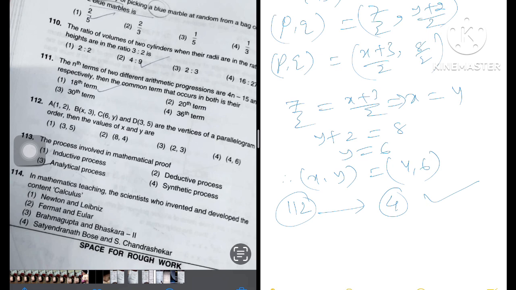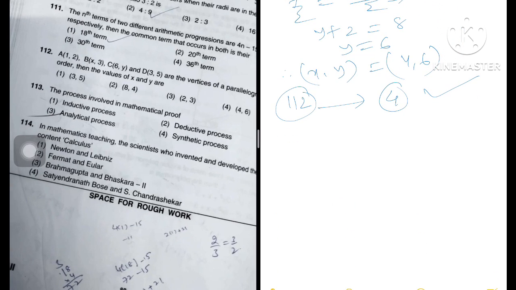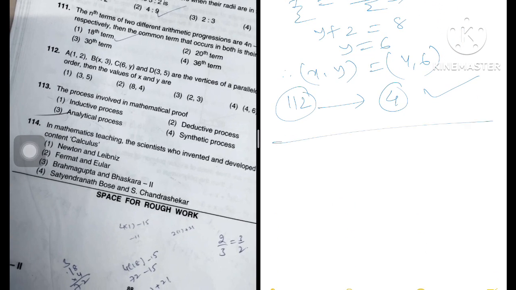So for question number 112, the fourth option is correct, 4 comma 6. Next, let's move on to question number 113. It's a pedagogy question. The process involved in mathematical proof is induction, deduction, analytical, synthetic.